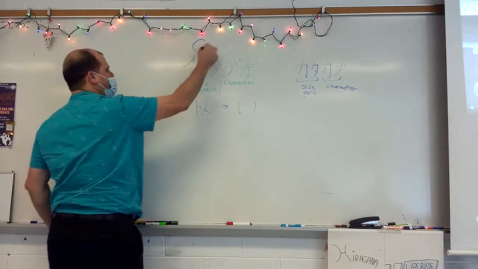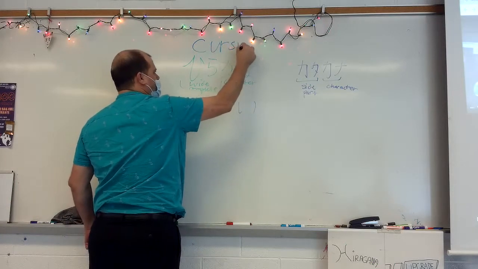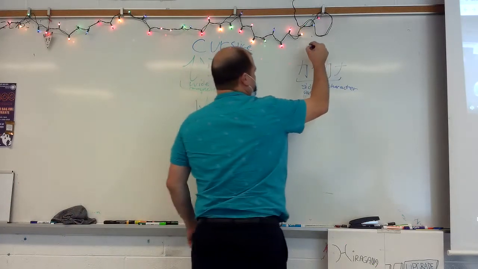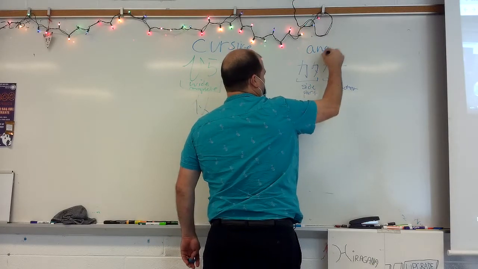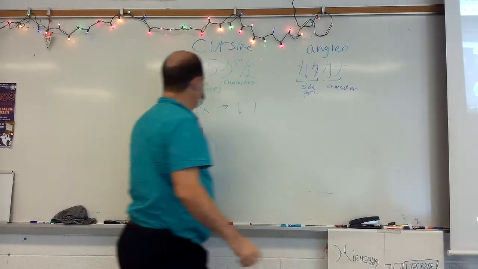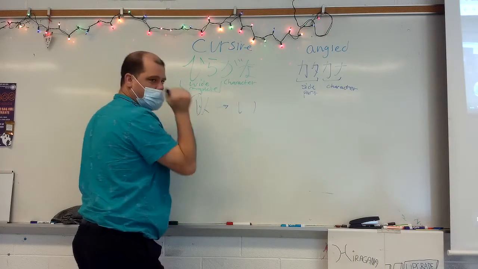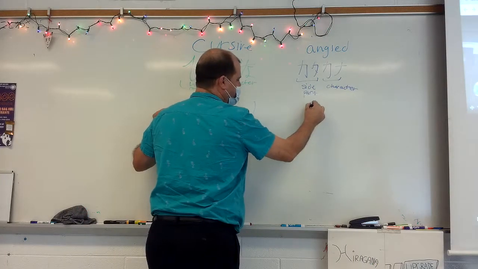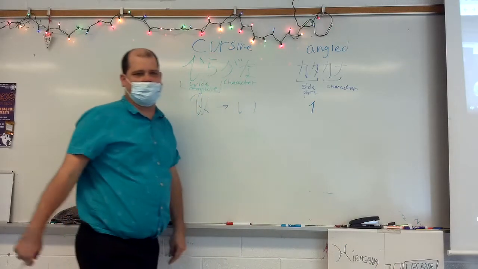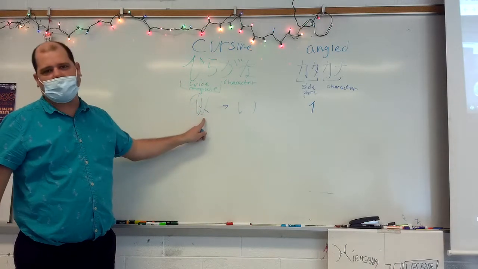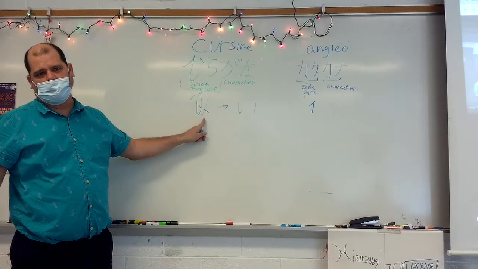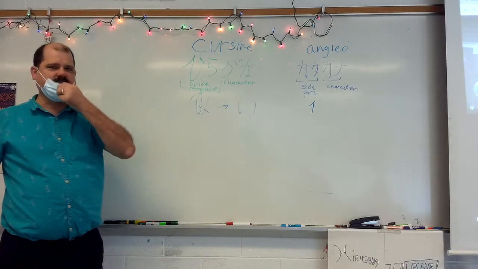Hiragana is very cursive, whereas katakana is very angled. So we're taking the same character now, and we're only going to take one piece of it. We're going to move it over here, and this is I in katakana. It's only one piece of that kanji. And so that's how things are different.